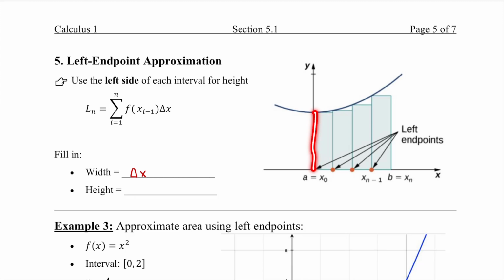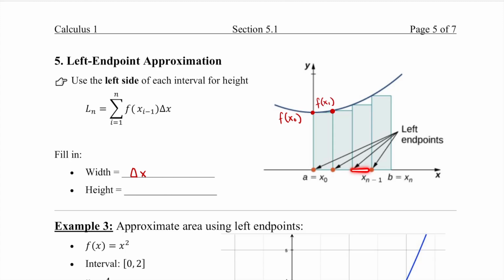So the height of the first rectangle is f of x0. For the second rectangle, we start with the left endpoint and go straight up until we hit the graph. This is the length of the second rectangle, which is f of x1.